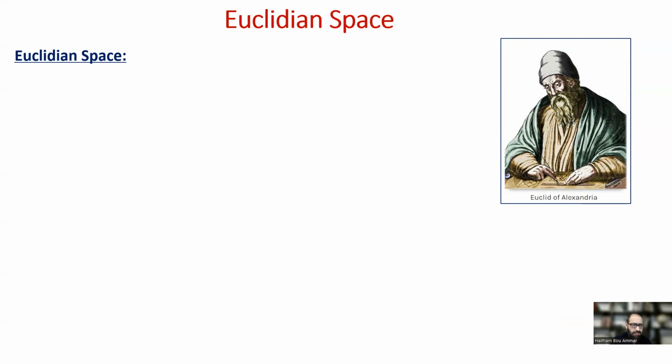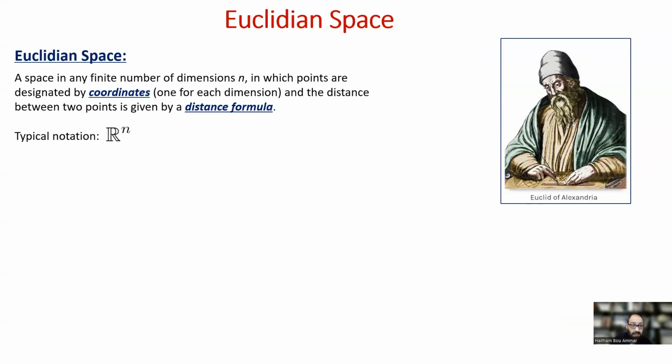So what are Euclidean spaces? Euclidean spaces are defined as a space in any finite number of dimensions n. So we have a space, and that space has a set of dimensions n, and these dimensions are finite, so they're not infinite. And the points in that space are designated by coordinates, one for each of those n dimensions.